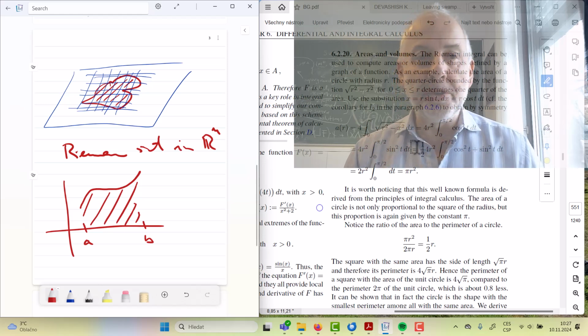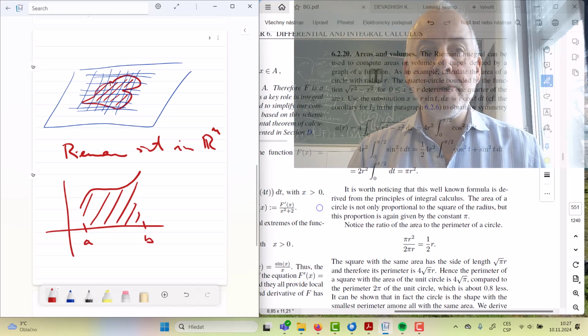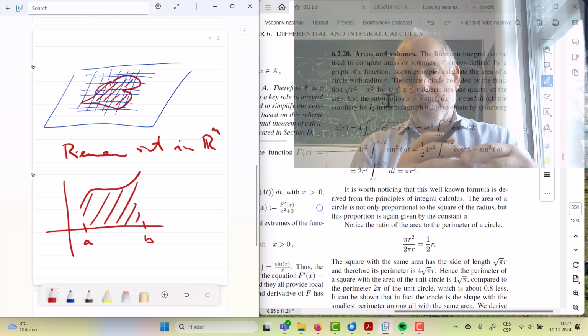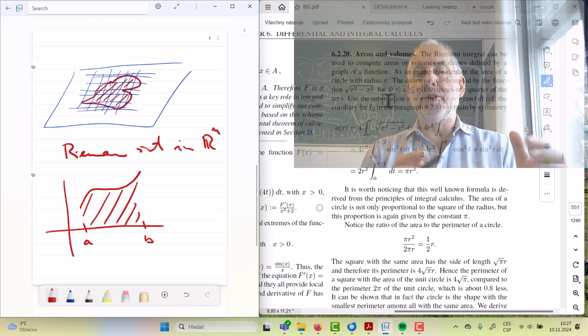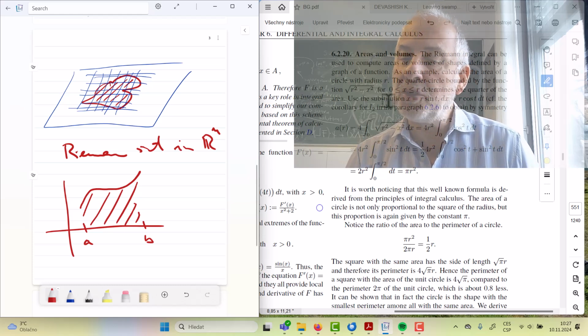So here we simply define the area of a shape in the plane, which we can bound by graphs of functions.